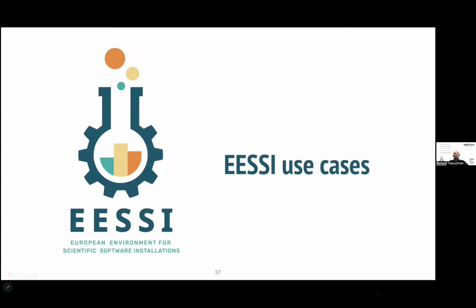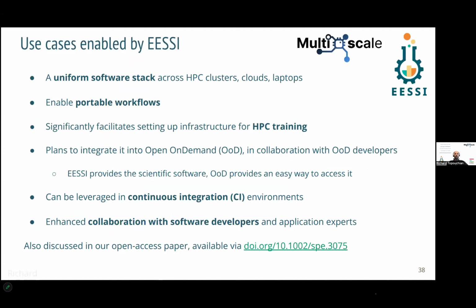So now we will run into Easy use cases. Now that we have seen what Easy is, how it runs, and how to access Easy, Easy has different use cases. One of the core strengths of Easy is its ability to provide a uniform software stack across HPC clusters, cloud platforms, and even personal laptops.